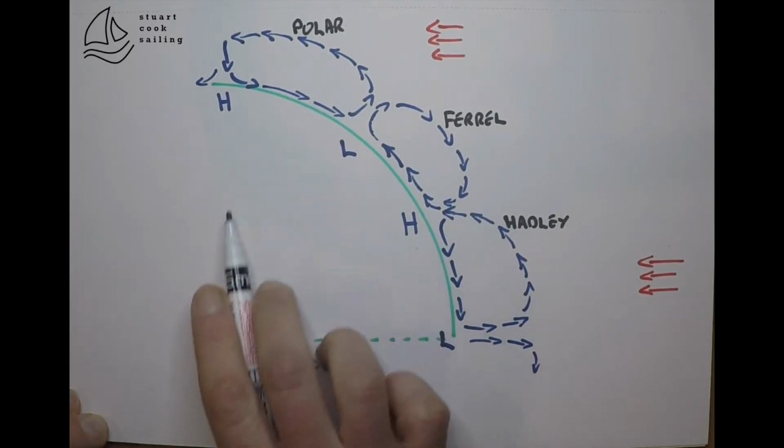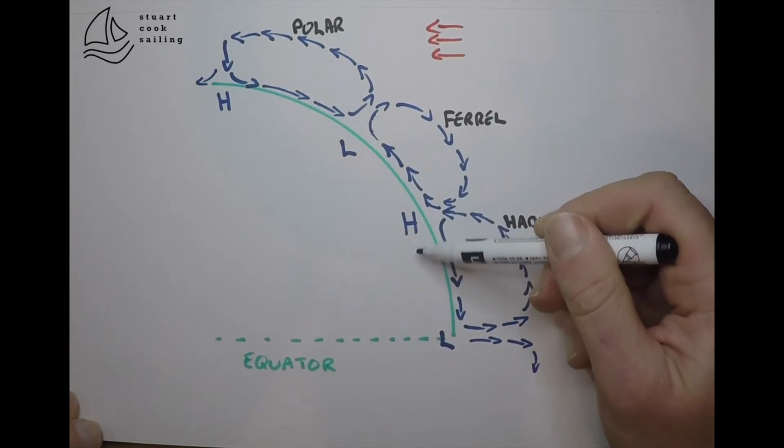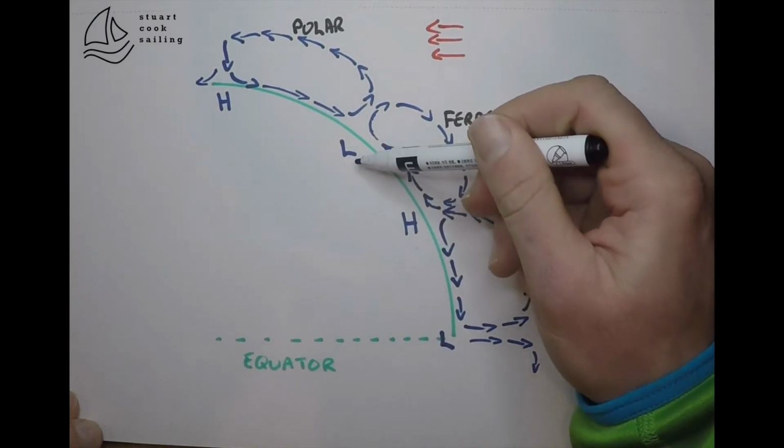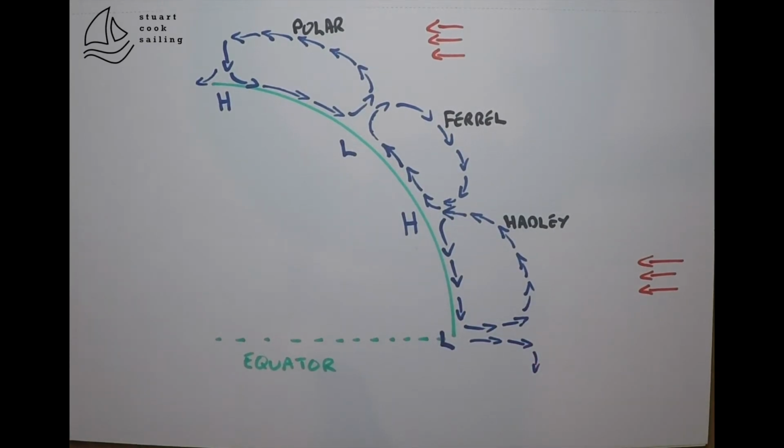What's happening with the winds across the surface? They don't just flow due south and due north from the highs to the lows. This is to do with the Coriolis force of the Earth. Anything that tries to travel south gets pushed to the west.